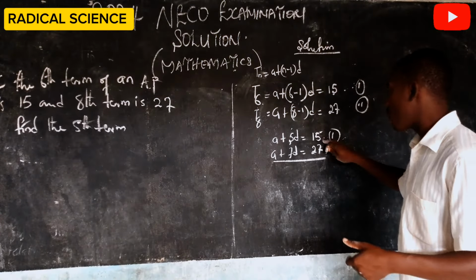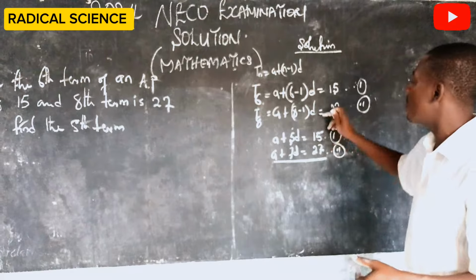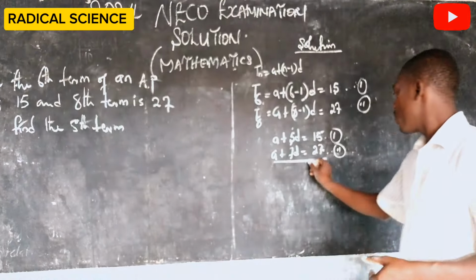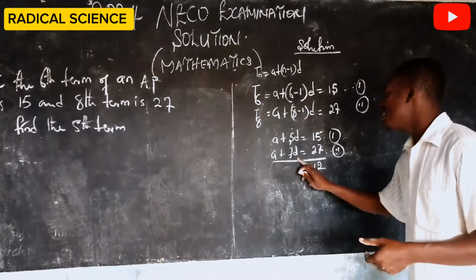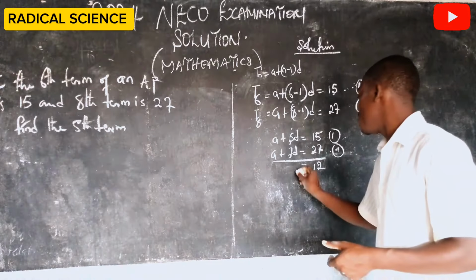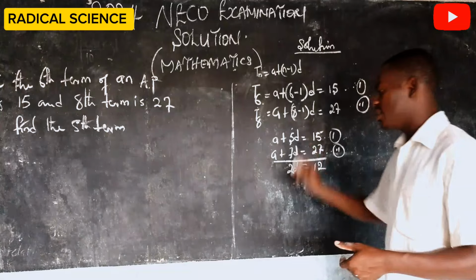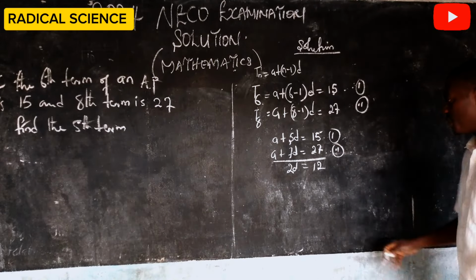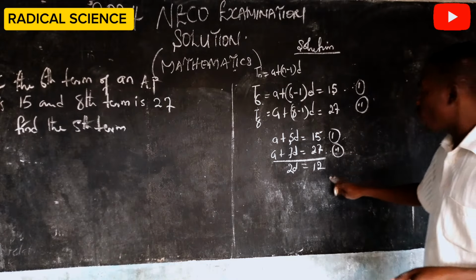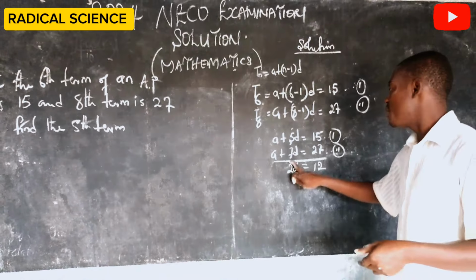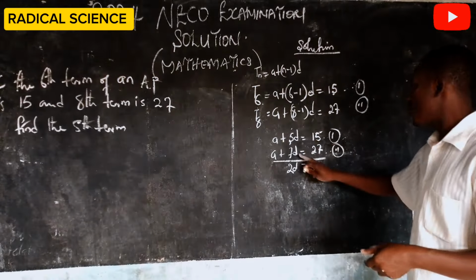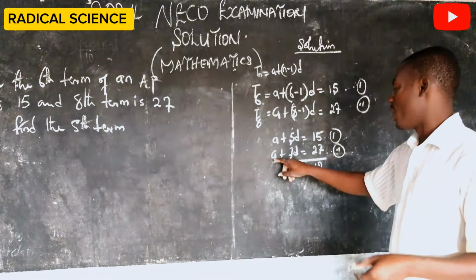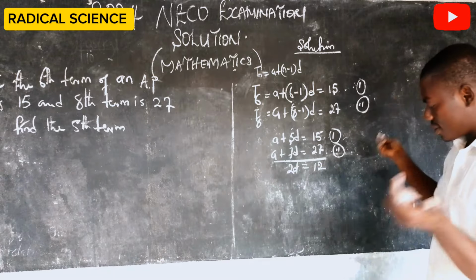Subtracting equation 1 from equation 2, I will have 27 minus 15 is 12, equals 7D minus 5D is 2D, and you know very well that A minus A is 0.